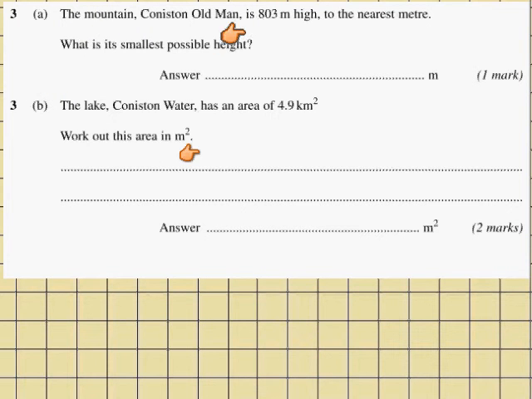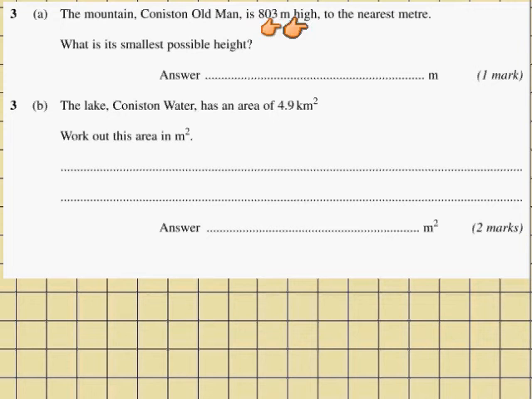This first question, this mountain is 803 meters high to the nearest meter. That means that it may have been rounded from another value, and we are being asked what's the smallest possible value that would round to 803.